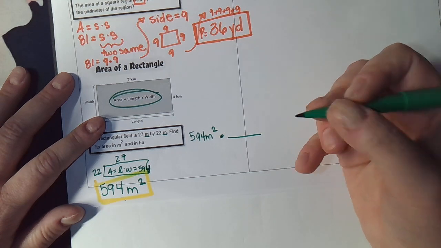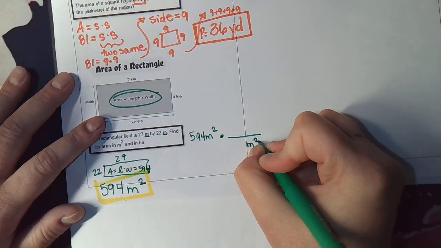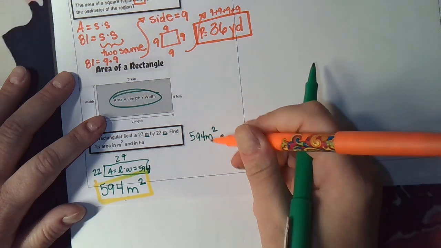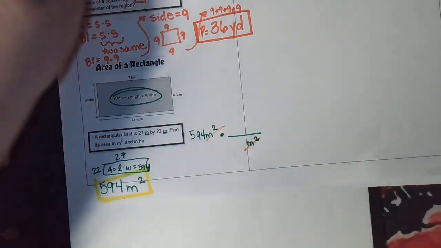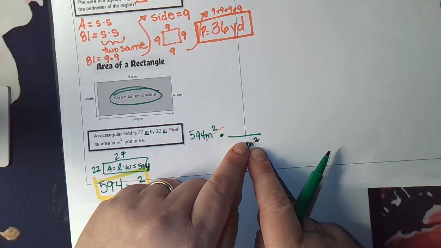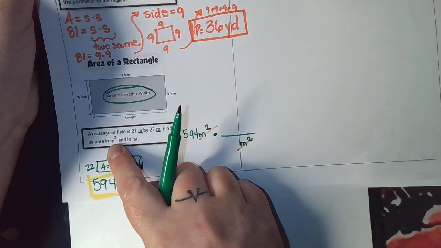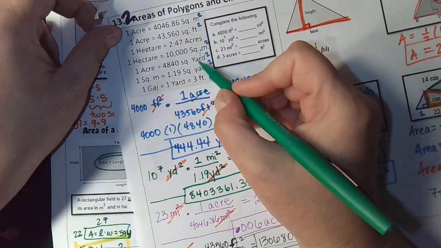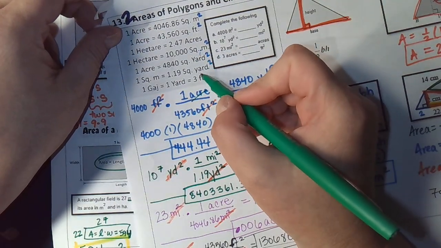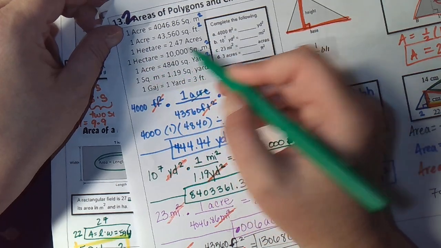If I want to convert it to a hectare, I want this m squared to go away. So I'm going to put it in the bottom so that it'll cancel away. Okay, let's go see if I can find something that has meters squared and a hectare. Oh, here it is.